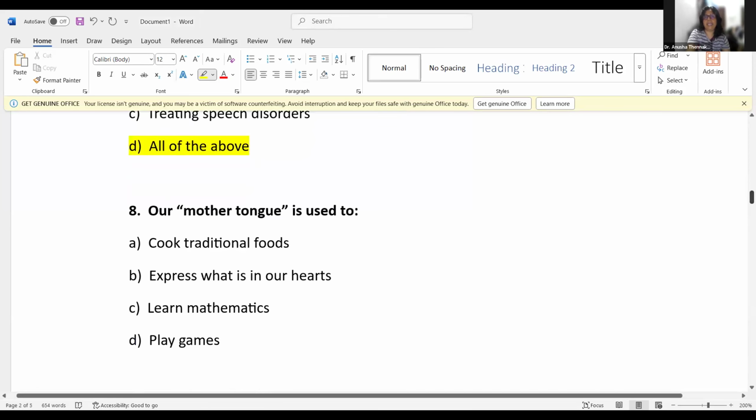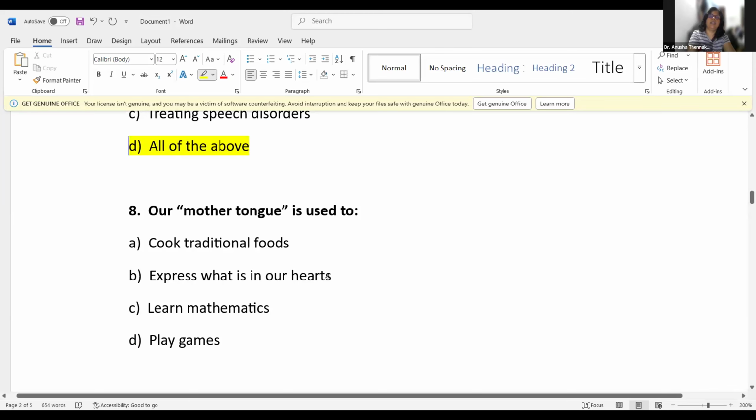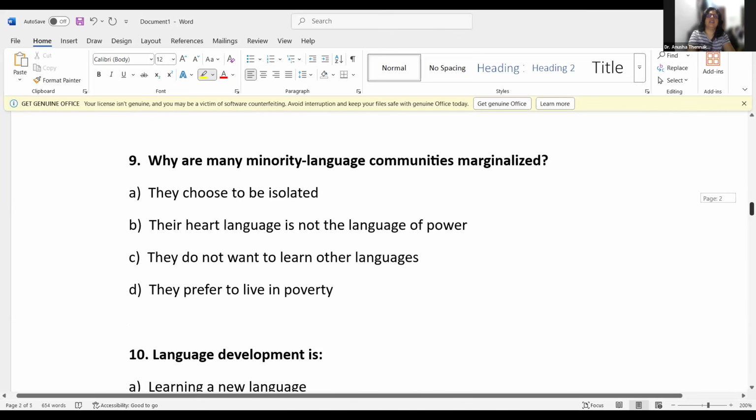Question number 8. Very easy question. Yes. Okay, we'll answer it. Correct, B. Our mother tongue is used to express what is in our heart. So that is why it is called heart language. Next one.